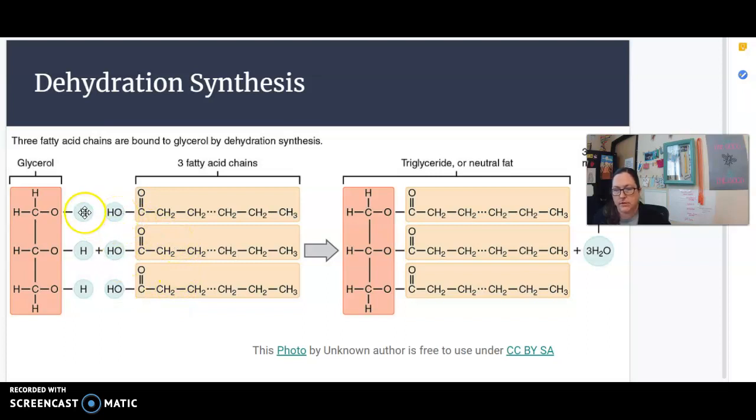So if you put two hydrogens and an oxygen together, what do you get? That's right, water. So for every bond you form, you're removing a water molecule. And this is the example where you're forming three bonds, so three water molecules are removed.